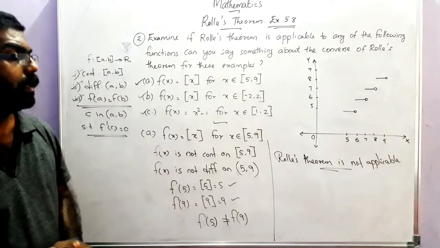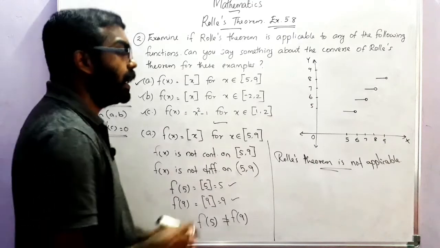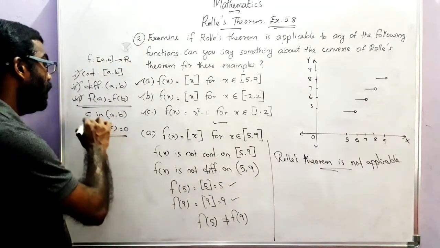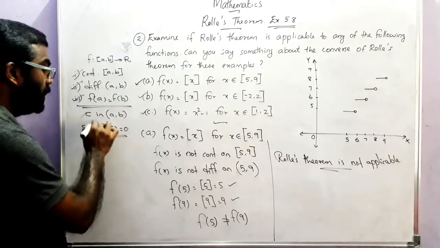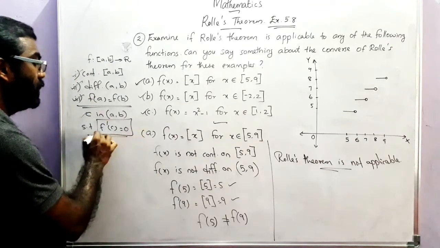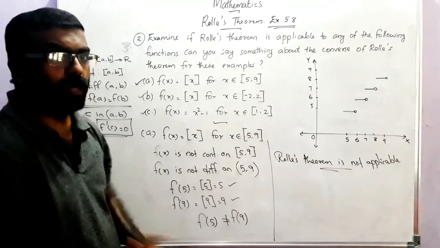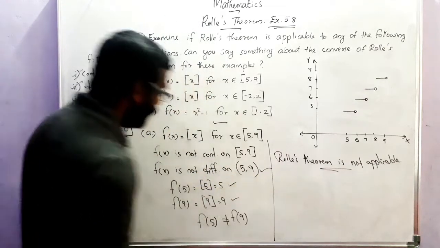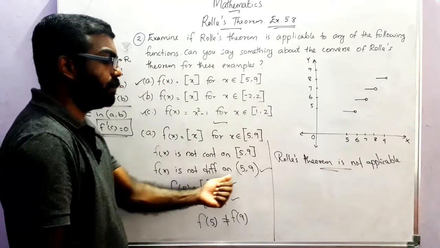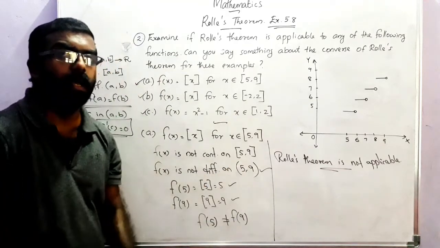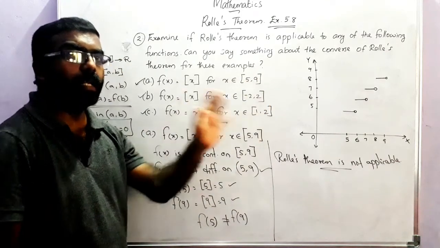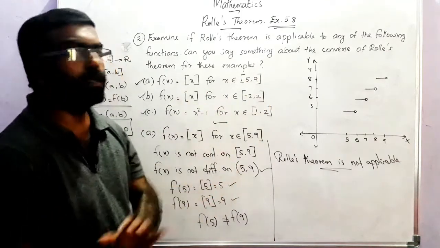Okay, understood? So here we have to check whether there is any value of c which satisfies the condition f dash of c is equal to 0. That we have to check. Here we concluded that the function is not differentiable on open interval 5, 9. That means in the entire interval, the function is not differentiable.